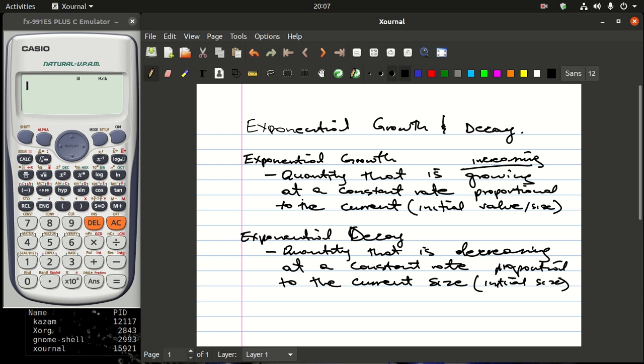And now, what is the application of exponential growth? Let me just have this blue pen here. I'm just going to talk about the application.